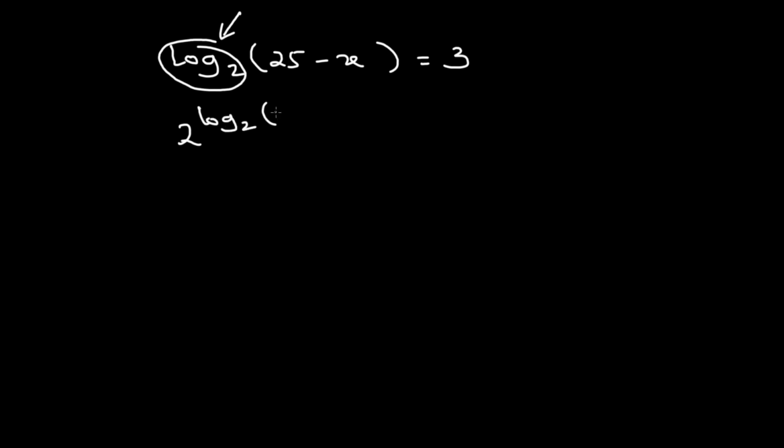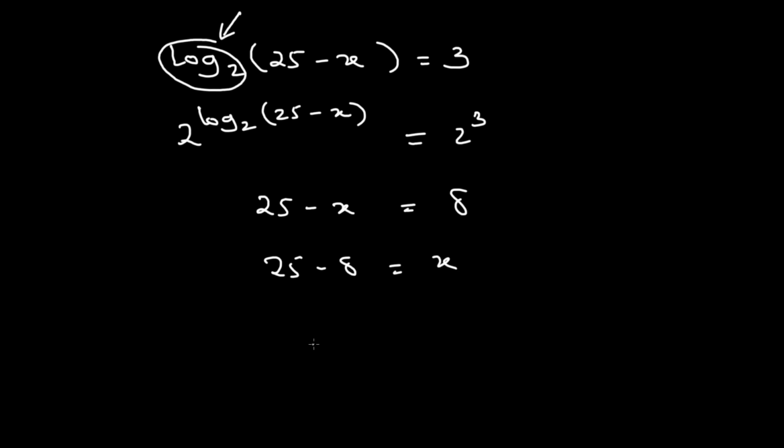I have to indicate that 2 to make sure I'm showing what I'm doing. Then this reduces to this function, and then that becomes 8, right? So I can take x the other side and 8 this side. So 25 minus 8 equal to x. So my x is going to be 17.